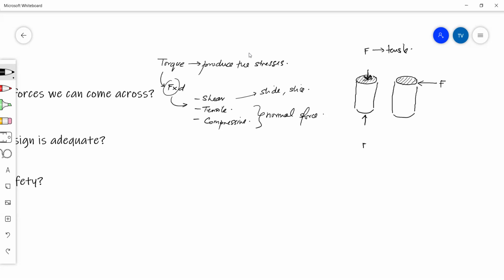This is a shear force, and the direction of the force is parallel to the surface. So this is the surface A, and the shear force is parallel to it. So those are the two fundamental differences between shear and tensile and compressive. So in this assignment, you have to identify those forces even before you start your calculations.